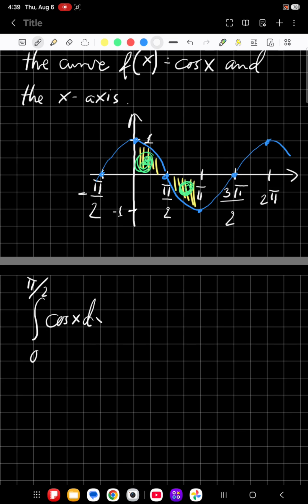And then the second one, I should maybe color code it. So let's say this one will be yellow and the other one will be green. So this is the yellow, from 0 to pi over 2, and the other one will be from pi over 2 to pi, so this is pi.